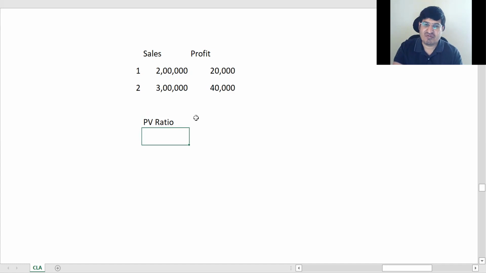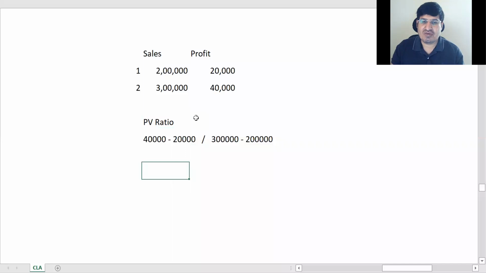PV ratio is difference in profit upon difference in sales. Difference in profit will be 40,000 minus 20,000, upon 3 lakh minus 2 lakh. This will give you PV ratio.